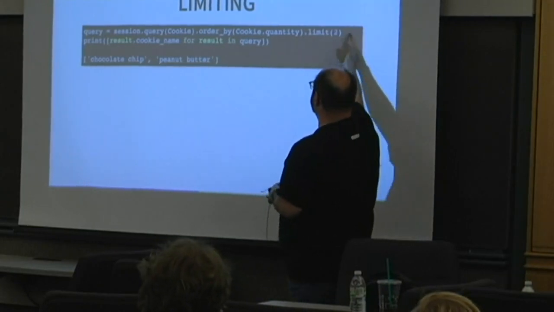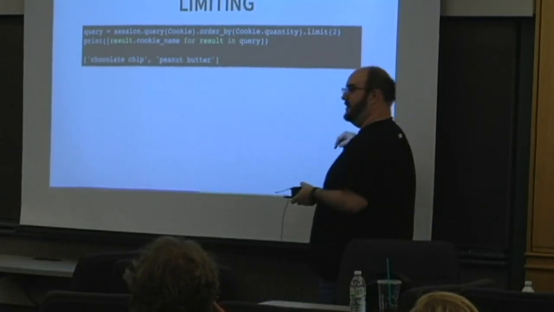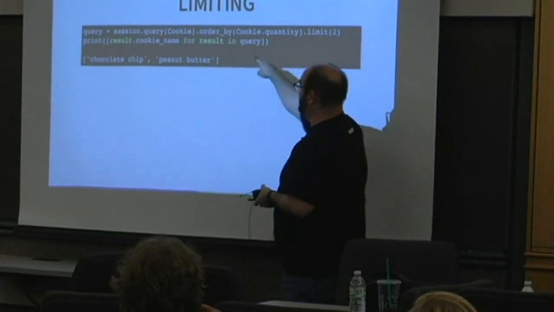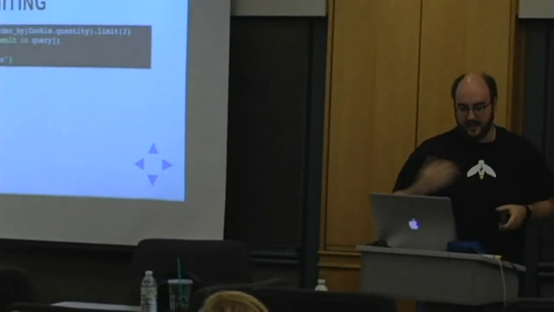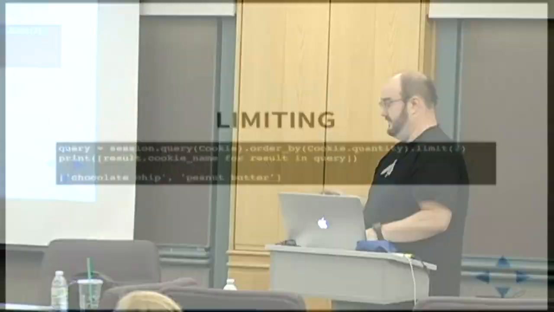So because we can keep appending things onto the query, like I've done here with limit or like we did with order by, because we can do that in a generative fashion, we can make all kinds of logic before we actually execute the query. Does that make sense? So we don't have to always have super complex queries. We can actually build them piecemeal at a time. And I can actually show you a function at the end of how we might do that.